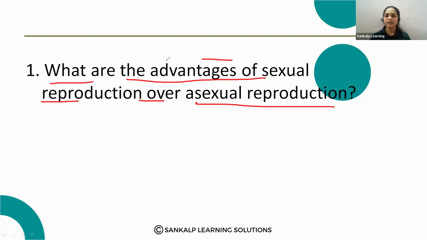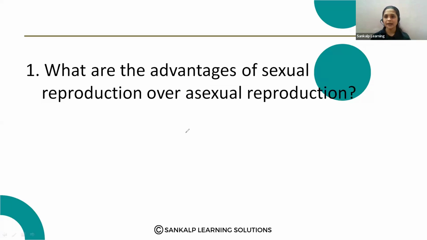So here, sexual reproduction has more advantages than asexual reproduction. So what is the reason behind this? This may be a 2 mark question. Write down the question. I will give time to write the question.